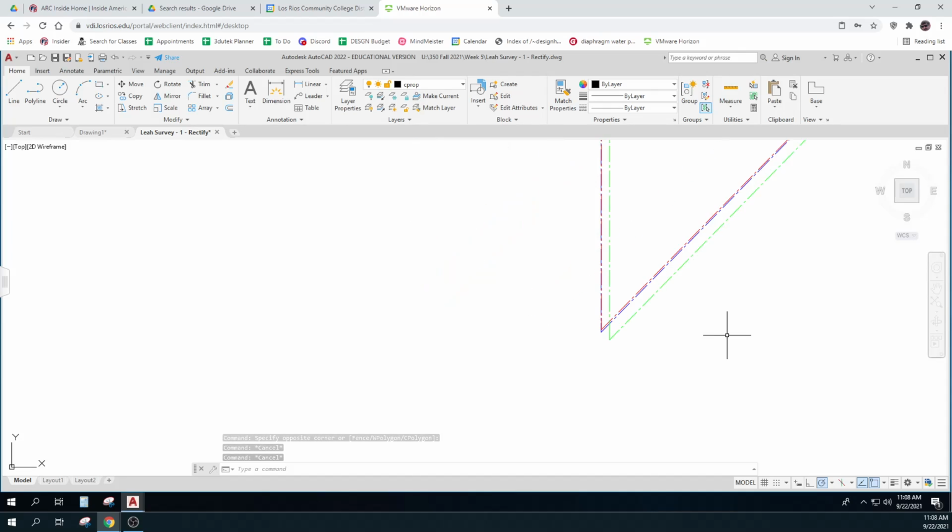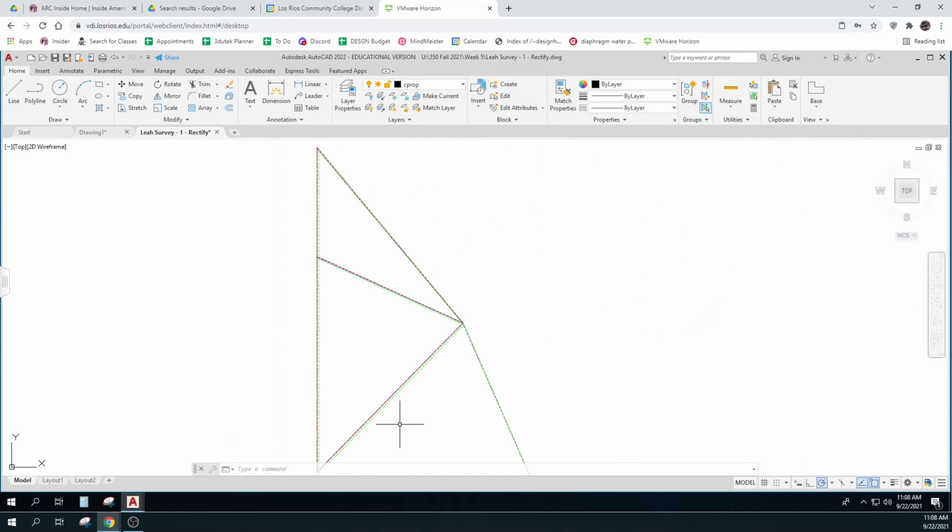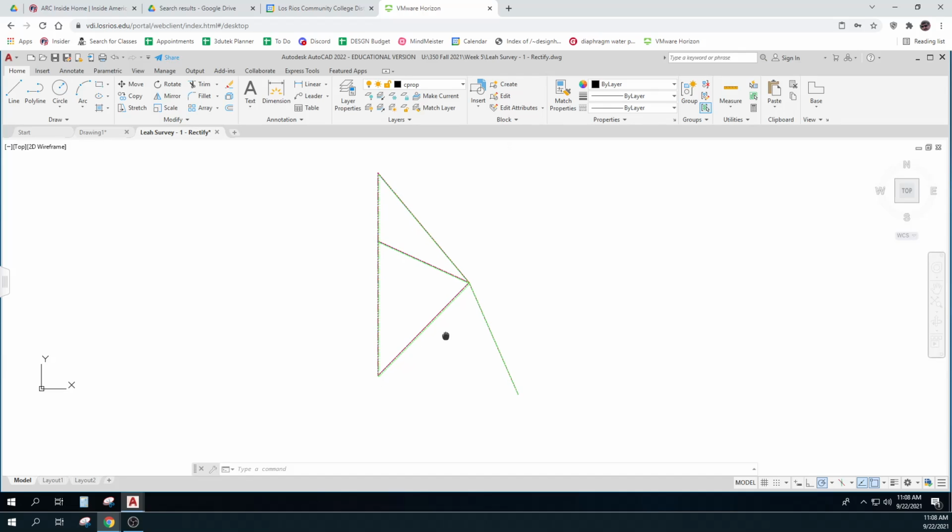I want you to have that skill of what we call rectifying different surveys that are supposedly the same thing. We know that this known point was the same every time. We know that these were supposedly the same lines, all lined up the same every time.